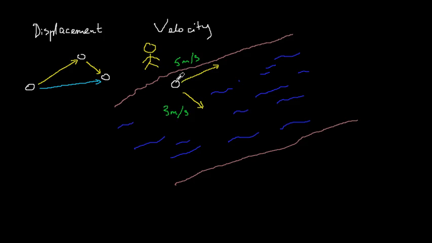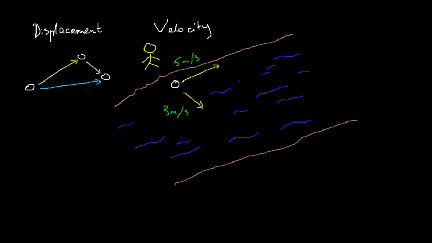So suppose that the boy threw the ball in this direction, and so the ball would start moving along this direction with the speed of 3 meters per second, but at the same time it is being pushed along the river in this direction at a speed of 5 meters per second. So in this way, we can actually have a real situation in which there are two velocities acting on the ball at the same time: its own velocity this way, and the velocity as it gets dragged along by the river.